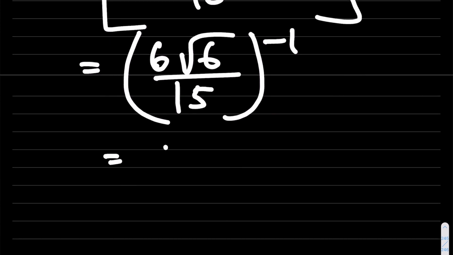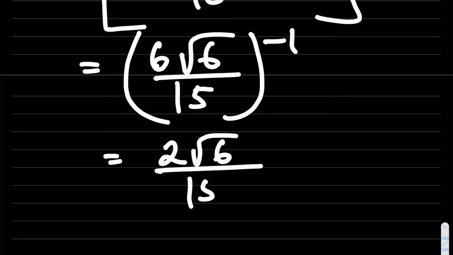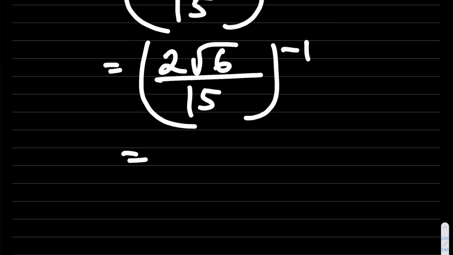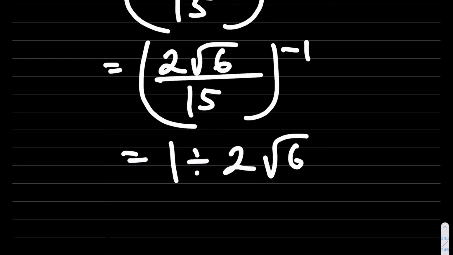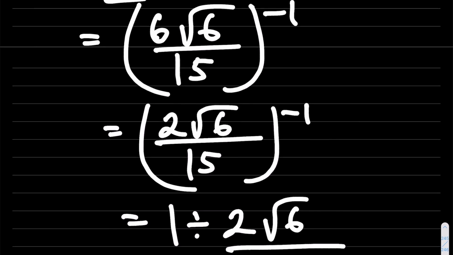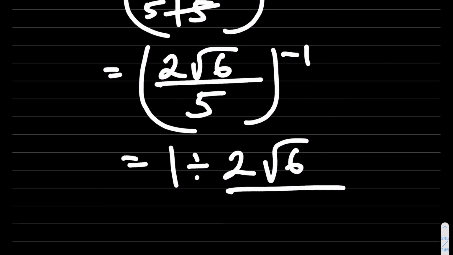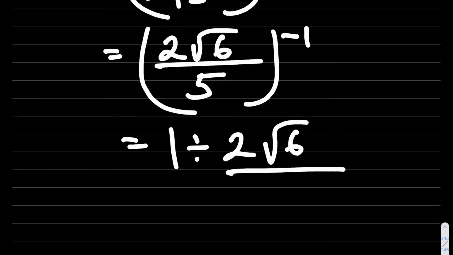So that simply means 2 root 6 over 5 raised to power minus 1.